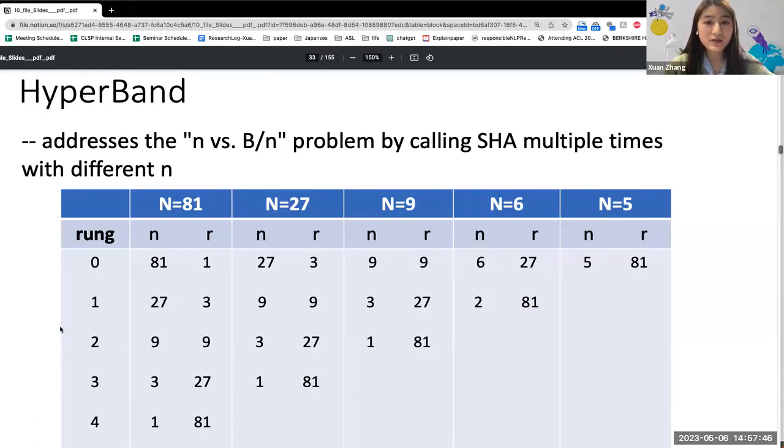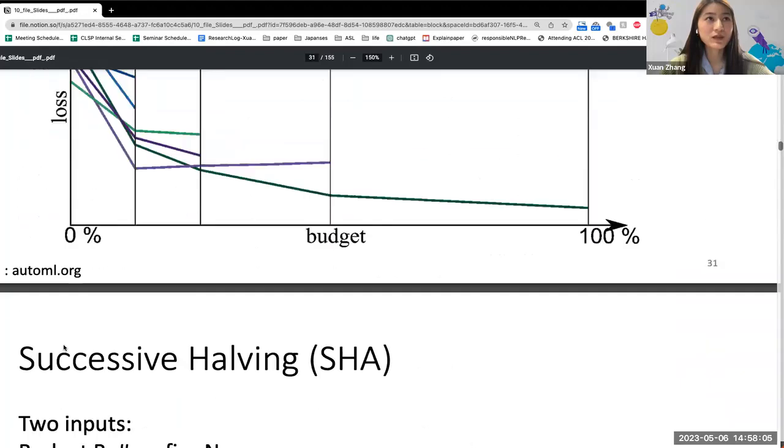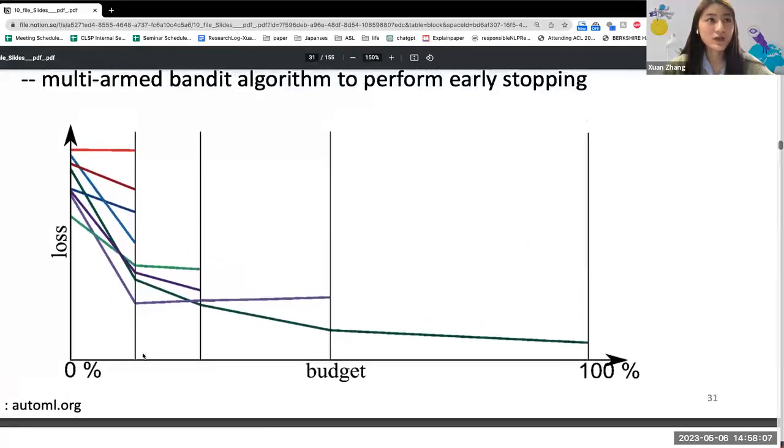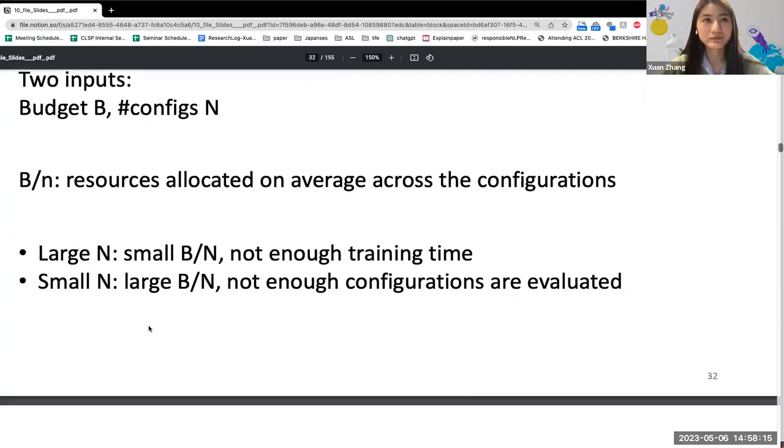Let's look at an example hyperband run. We'll define a rung, R-U-N-G, as the number of cuts we've executed. In this figure, this column is rung 0, and this is rung 1.